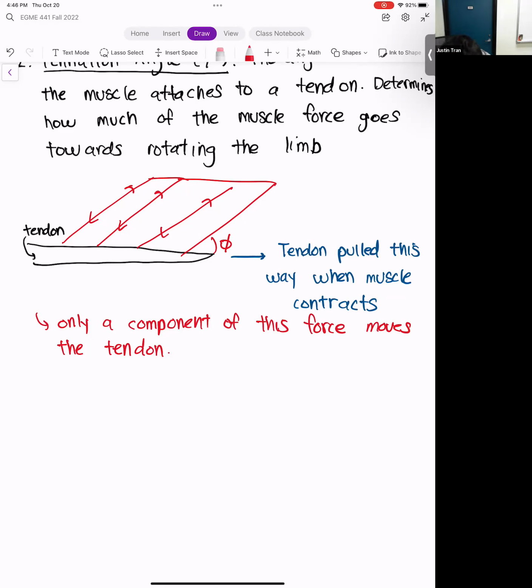And so what we can say is FT, the force that's actually being applied to the tendon, is equal to FM, the muscle force, the raw amount of force that the muscle can produce, multiplied by cosine of the pennation angle.